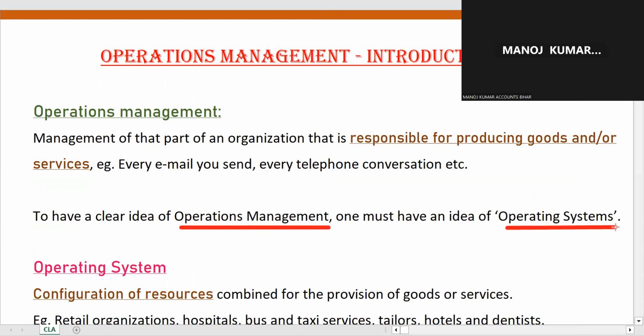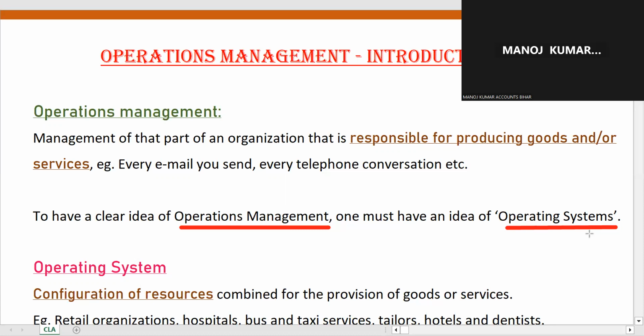For a bigger organization, what is an operating system? It is the system through which operations management is handling the services, or the production, whatever. You have an office, right? In the office you will have some employees, and you would invest a good amount of money in making the office good, because customers will be coming to the office.